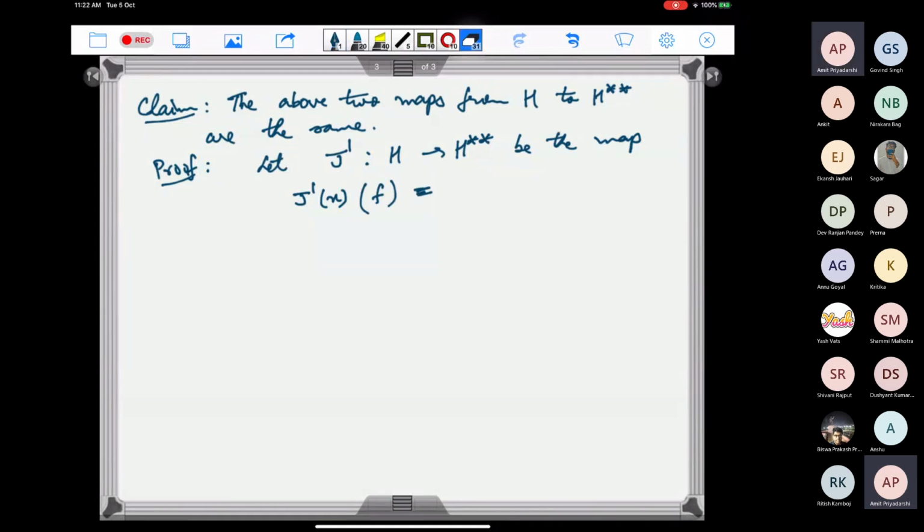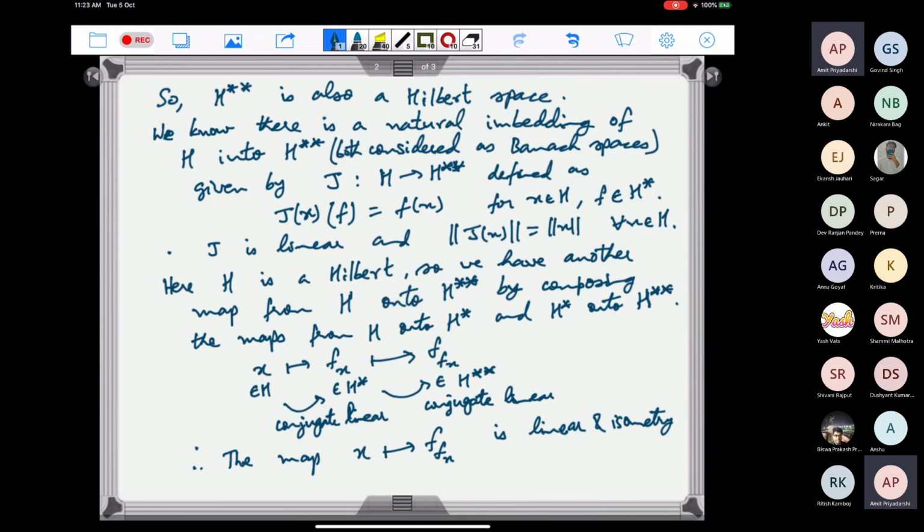So note that any f in H star is of the form f sub y. So we have to define what is J dash of x of f sub y. So this we can define as, I mean, this is this map that x going to f sub x.